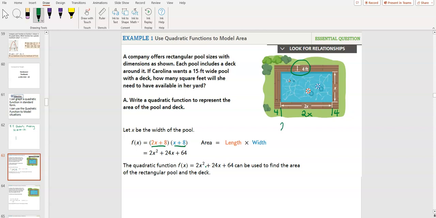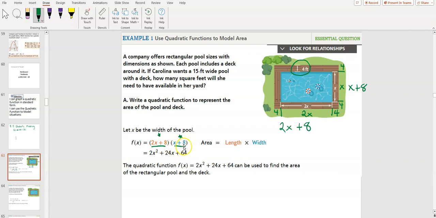So if I take the 2x plus the 4 feet plus 4 feet, that's 8 feet, and that's how I'm getting this one right here. And then on this side, I know that the width of the pool is x, and we're going to add 4 feet on both sides because that's how big the deck is. So this is going to be x plus 8.